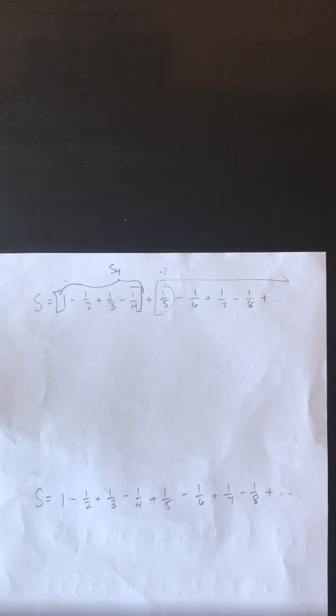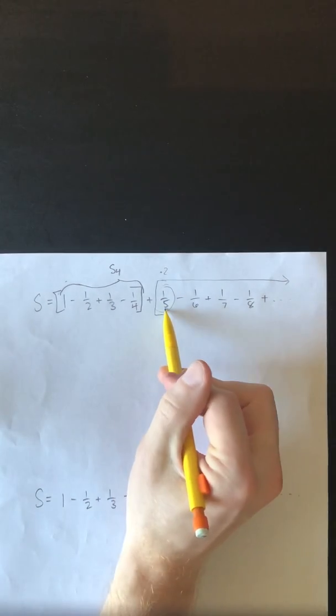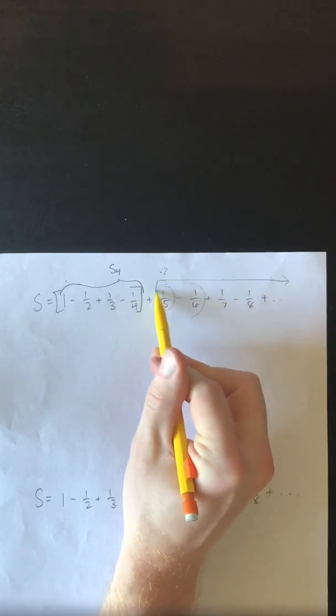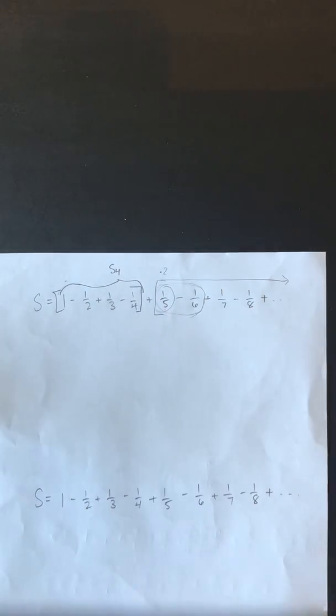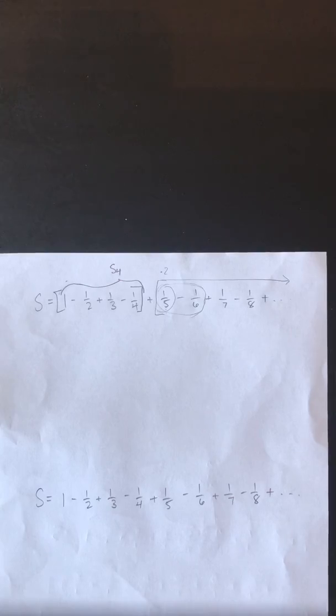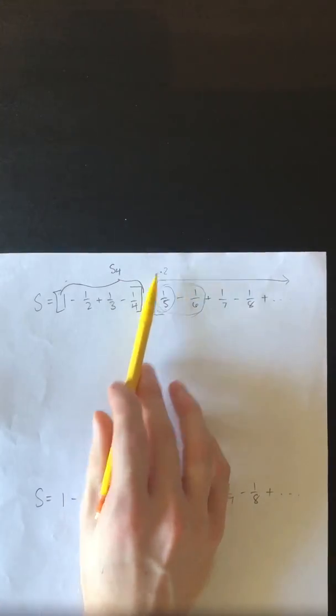If I get the next 2 terms, so instead of having this by itself, if I have these 2 terms together, you can calculate it with your own calculator. If I do 1/5 minus 1/6, one positive term and one negative term, the collection of those 2 terms together is going to be smaller than that first term was by itself.